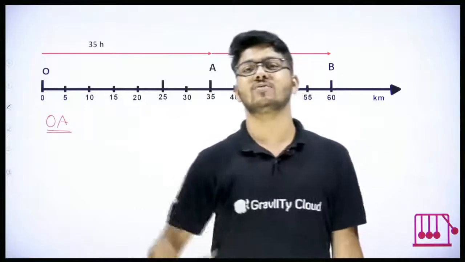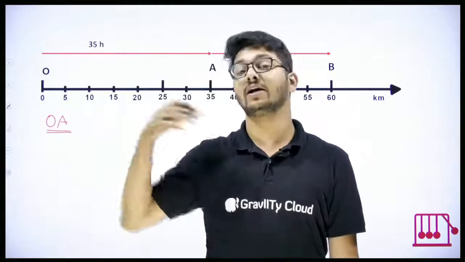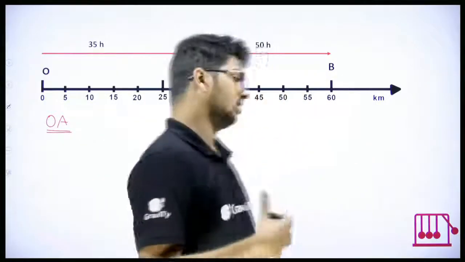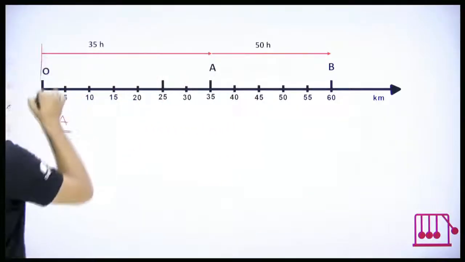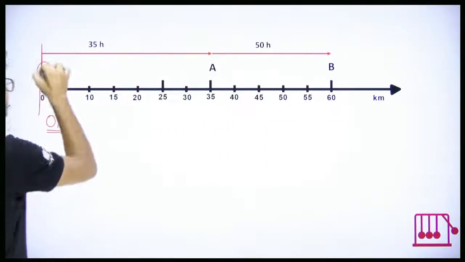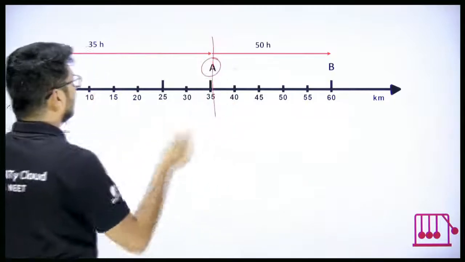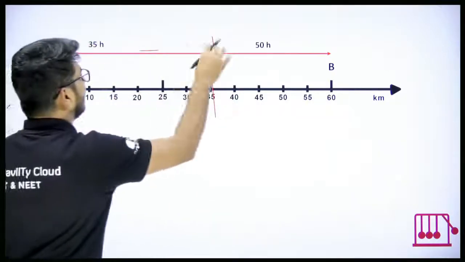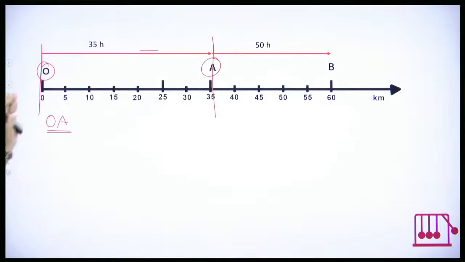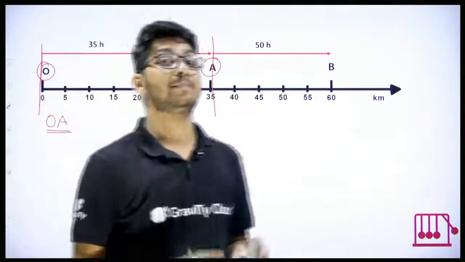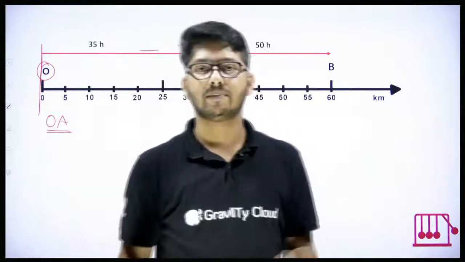So our target is to first find out what? First find out distance. Yes or no? So here for OA, O is here, A is here. So you can see this is the straight line, this is the path. So O to A, what is the path length? What is the length of the path?